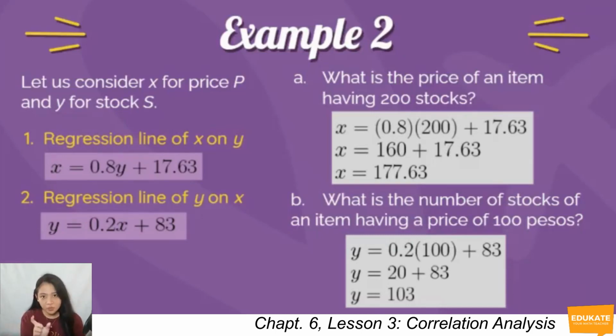So Y equals 0.2 times the price given, 100, plus 83. After that, you're going to have Y equals 20 from 0.2 times 100, plus 83. That would give us an answer of Y equals 103. This means when the price of your item is 100 pesos, your number of stocks is 103.